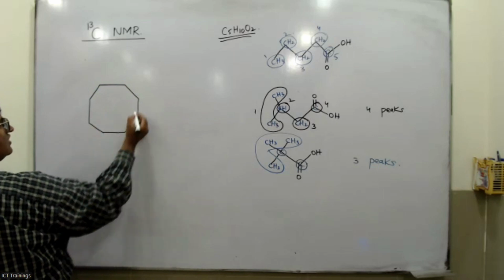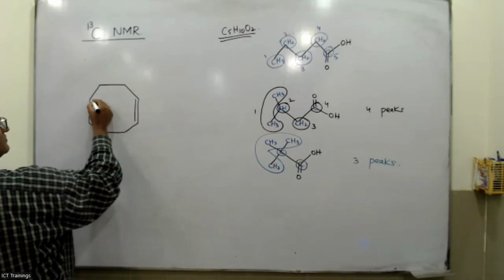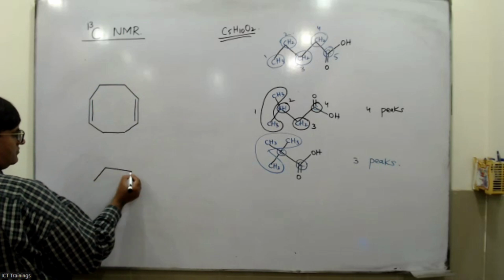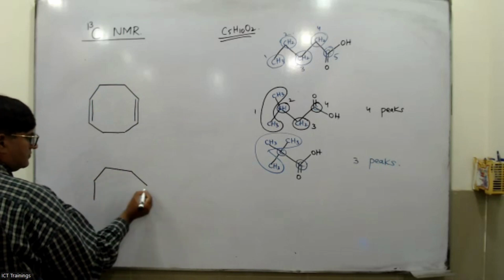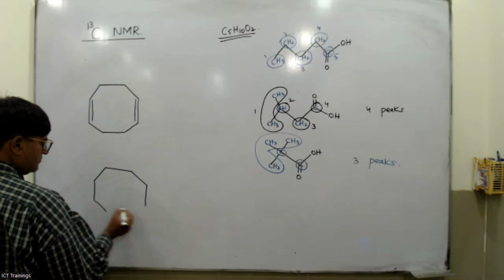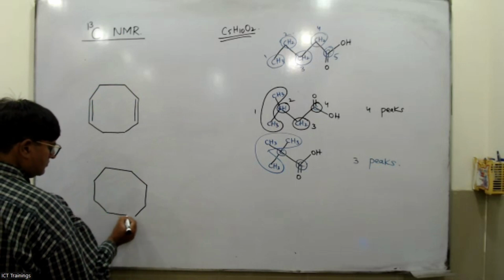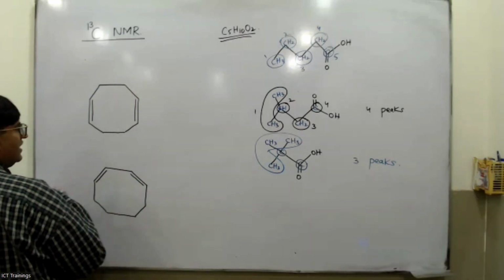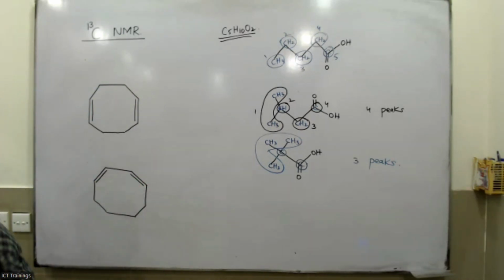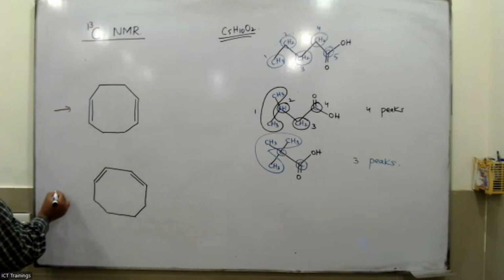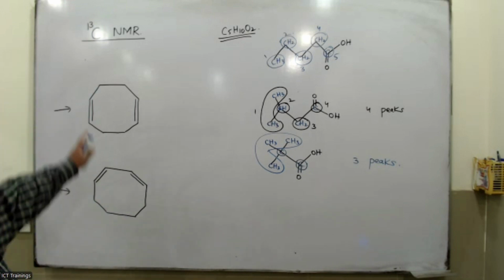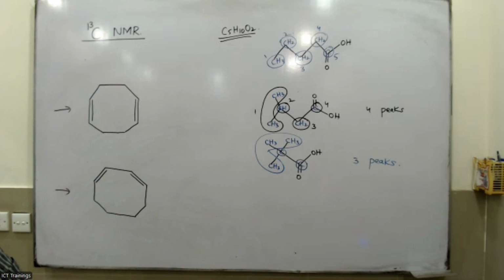So this is the first one, and this is the second one. Okay, so this is compound one, this is compound two. So tell me how many peaks for carbon 13 are possible for these two compounds. Come on, do the working.